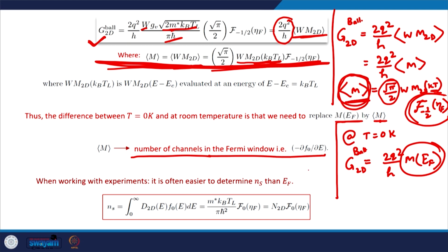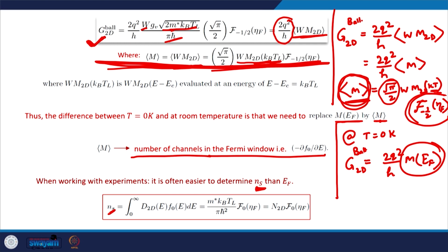And as we also saw in our previous case, when we had this experimentally available parameter Ns, the sheet carrier density of electrons, we could calculate the conductance and resistance in terms of Ns. Similarly, in this case, we can have a relation between the conductance and the sheet carrier density.